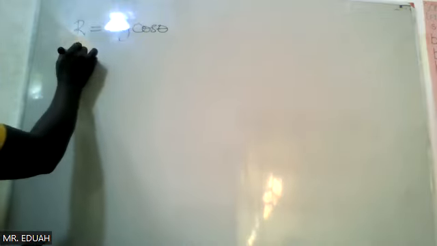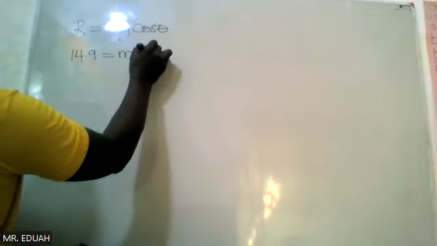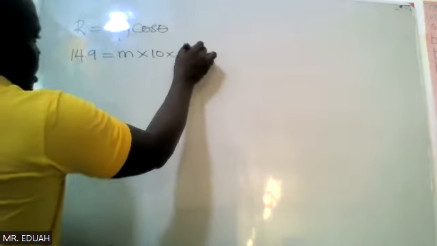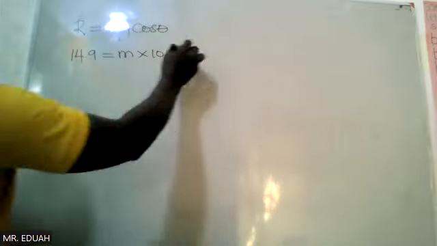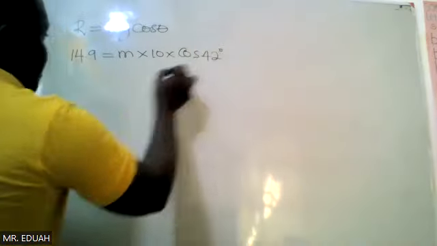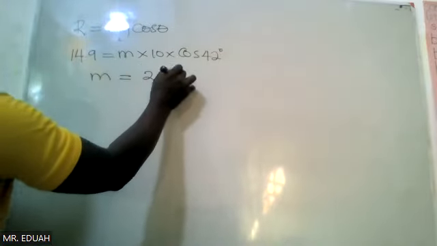So once the question gave us the reaction, 14.9, we have 14.9 equal to the unknown mass times 10 times the cosine of 42. And M is approximately equal to 2.00 kilogram.